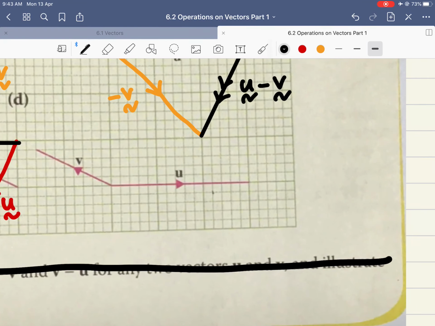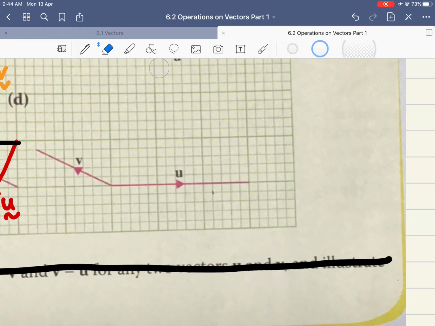I shall move on to part D. Let me just erase the top portion there. It's very messy. U minus v. This one I have to be a bit more careful. Maybe 5, 6, 7, 8, and 4. So u minus v. U has already been drawn, I will leave it there. So this is vector u, minus v. If positive v is going this way, let me draw this in orange. Positive v is drawn this way, so that means negative v will be going the other way.